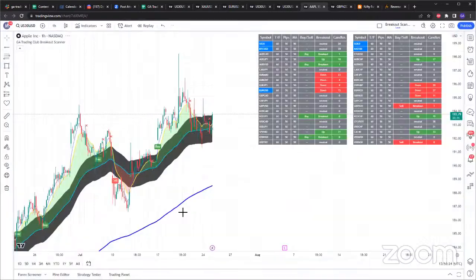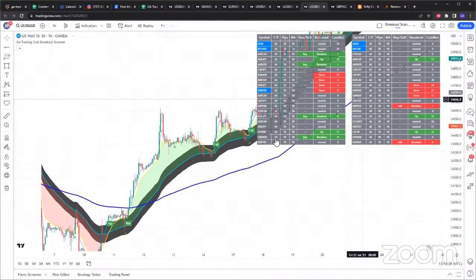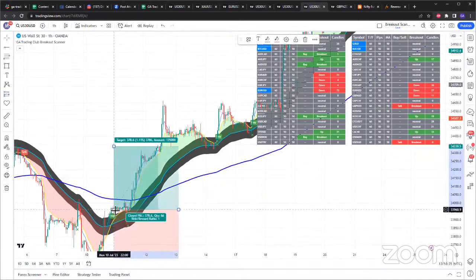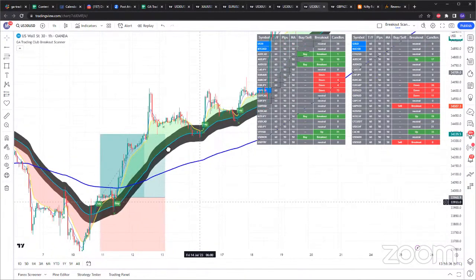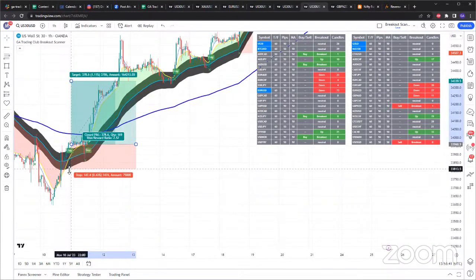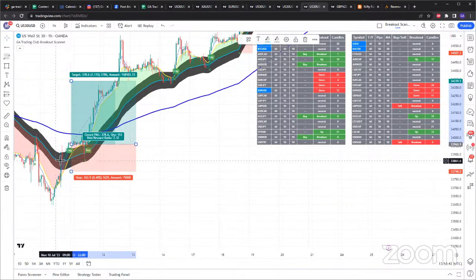So if I come back to US 30 here and do a quick visual back test, we had this buy right here. And the secret with this breakout scanner, so let's say we got this buy here on the hourly. If this is a buy, ideally you want your stop loss to be below this shaded region, which is the consolidation region.